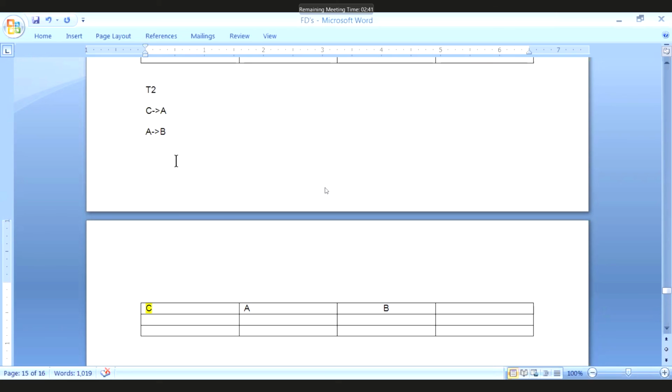Who is that? C determines B. See here, C to A, A to B. So I can write C to B.